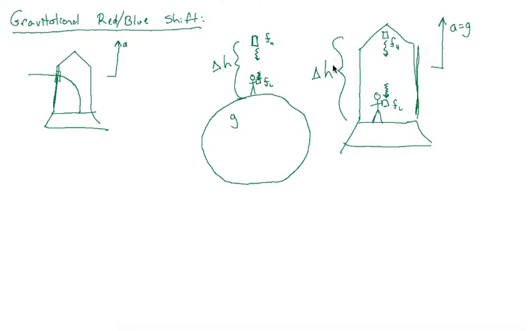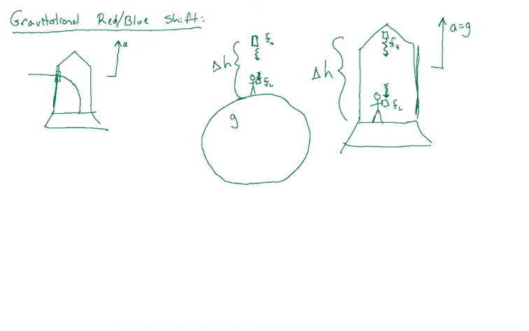We'll say a laser is still delta h above his head, but now instead of being in this gravitational field, he's in this spaceship that's accelerating at a rate of g equal to whatever this planet was. So now here, this is f sub H, the high frequency, and that's what it was over here: f_H, f_L. So f_H up here is equal to whatever it is, and then comes down here and it equals f_L.